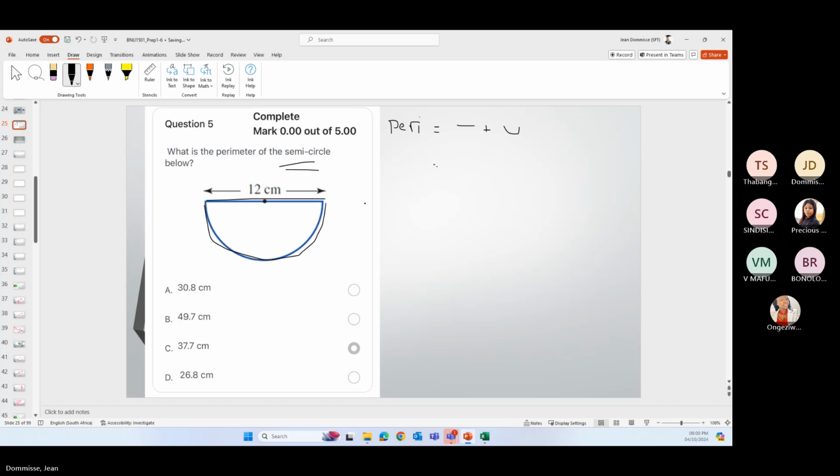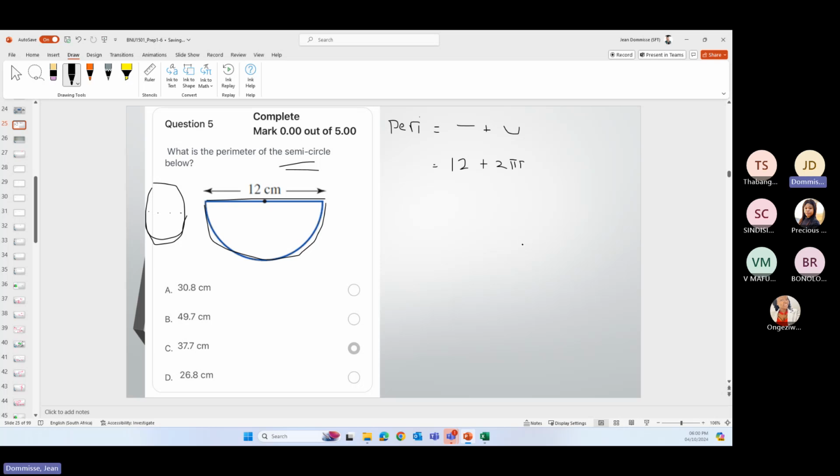Okay, so for that, we've got the 12 centimeter for the straight line, and then the perimeter of a half circle is basically the full circle divided by 2. So if you divide it by 2, that is the component that you will get. So perimeter of a circle is 2 pi radius.